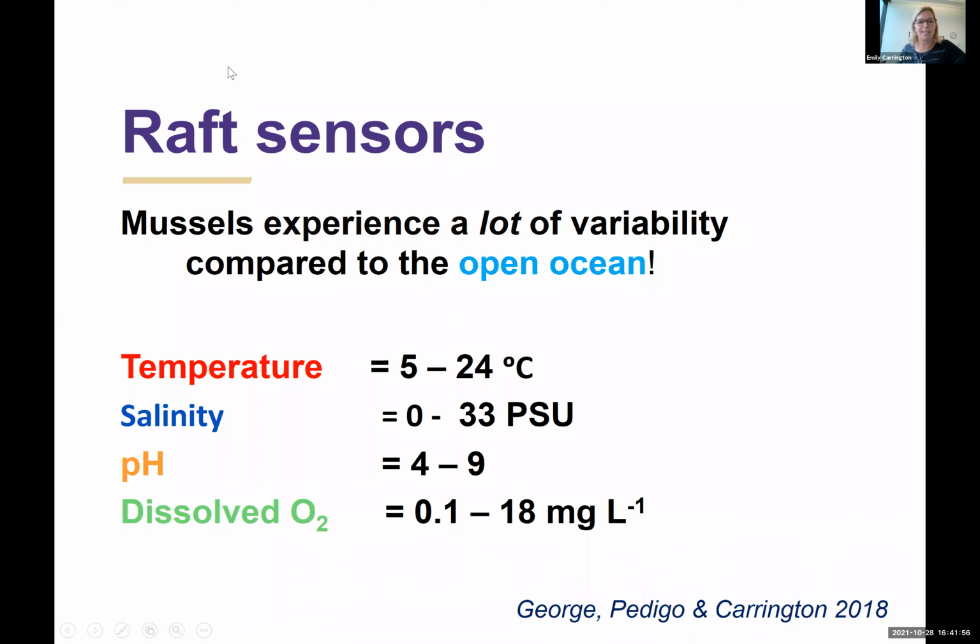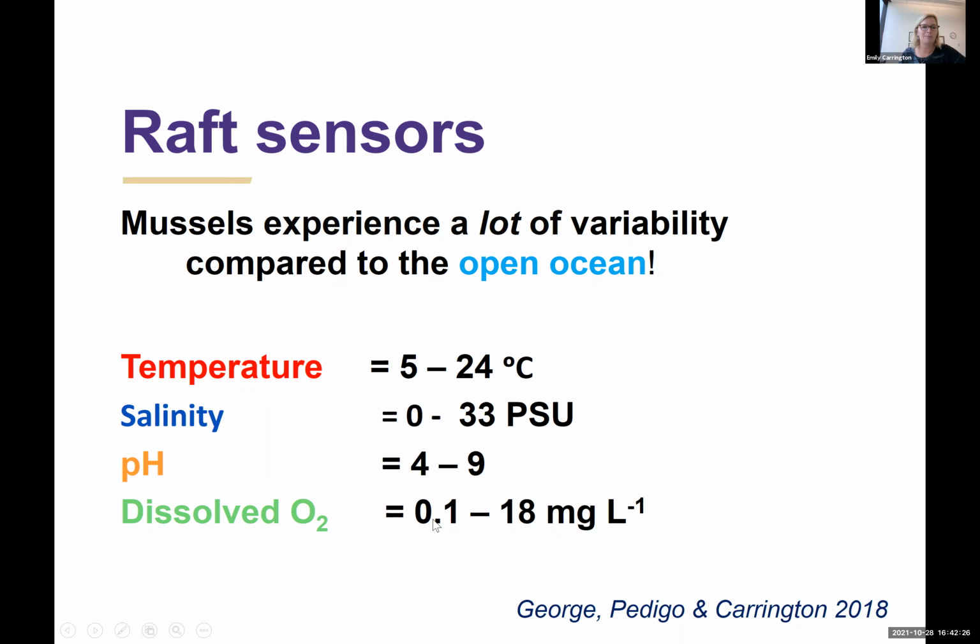So to summarize that, what we have been able to show is that the mussels experience a whole lot of variability at these mussel rafts. Temperature over the course of the year can range from 5 to 24 degrees Celsius. Salinity can range from 0 when we have freshwater input from our local rivers up to full saline conditions, what we'd expect in the open ocean, of 33. The pH can range from 4 to 9.